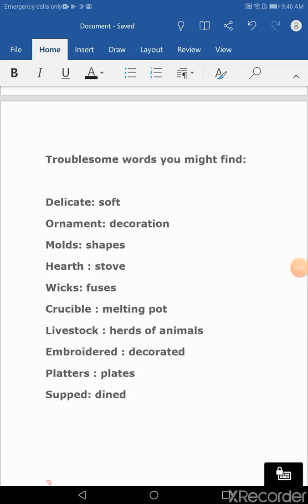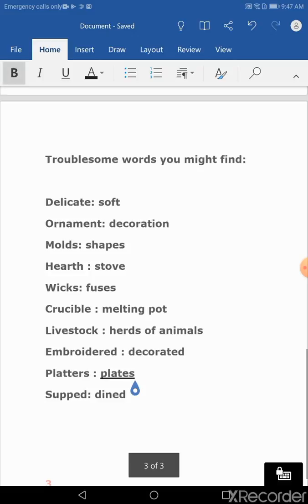Okay, so in here, I have provided some troublesome words that you might come across while reading the text. Some of them, not all of them, okay? Words such as delicate, ornament, molds, hearth, wicks, crucible, livestock, embroidered, platters, and sub.